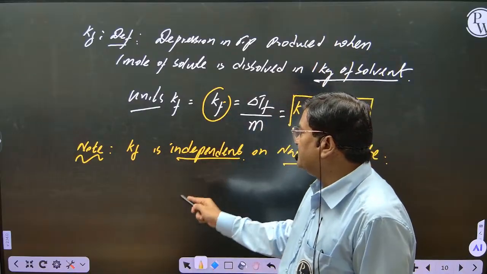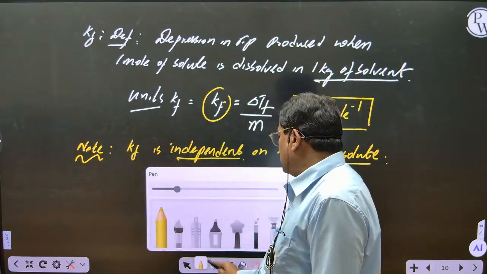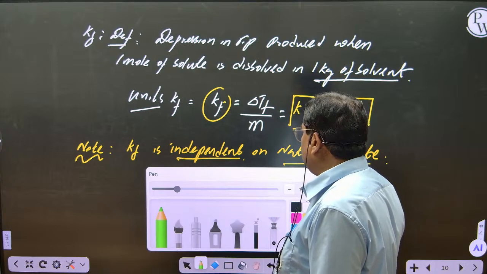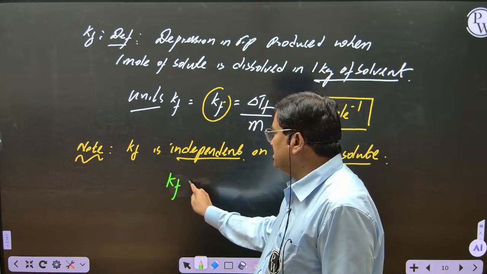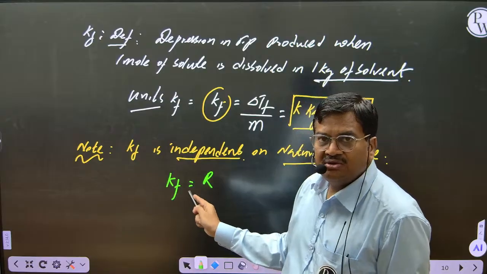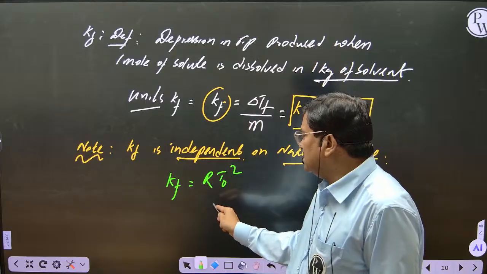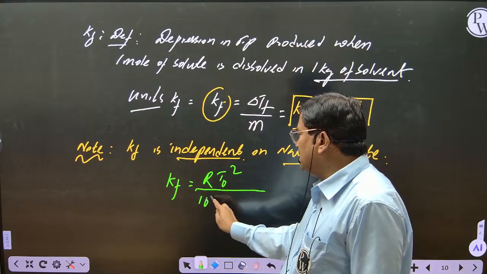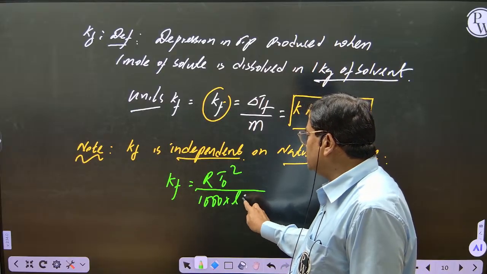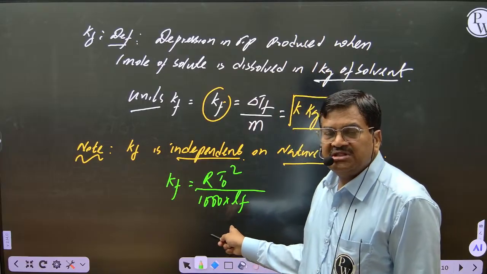And this Kf can be found by using the relation we wrote previously. Kf is given by R, the universal gas constant, into T0 square, where T0 is the freezing point of solvent, by 1000 into Lf, the latent heat of fusion. You studied fusion in thermodynamics in first year.